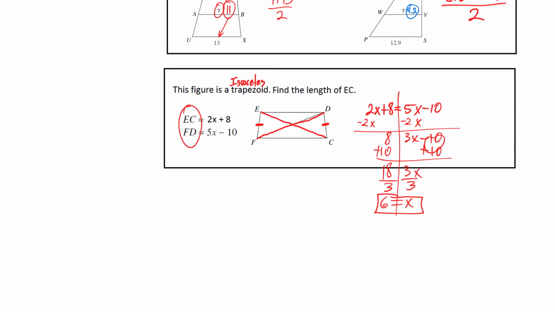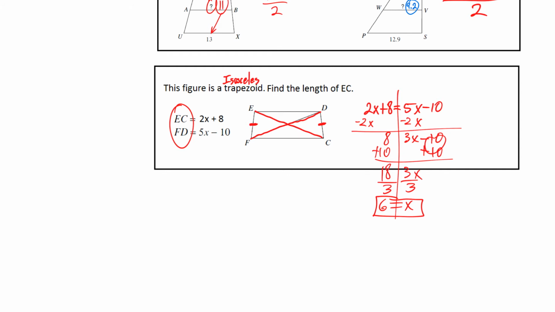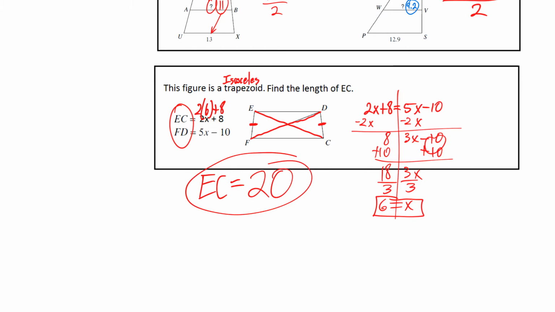So x equals 6. And I got to take that 6 and plug it back in. So 2 times 6 plus 8. What's 2 times 6 plus 8? It's 20. Yep.